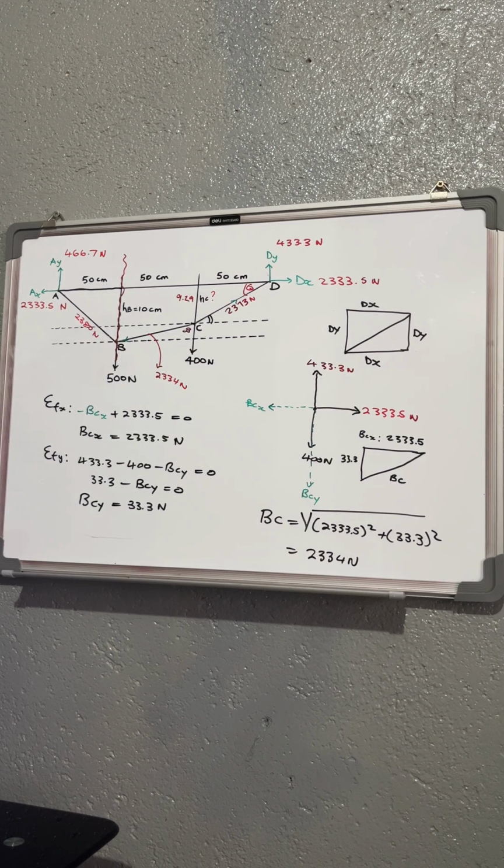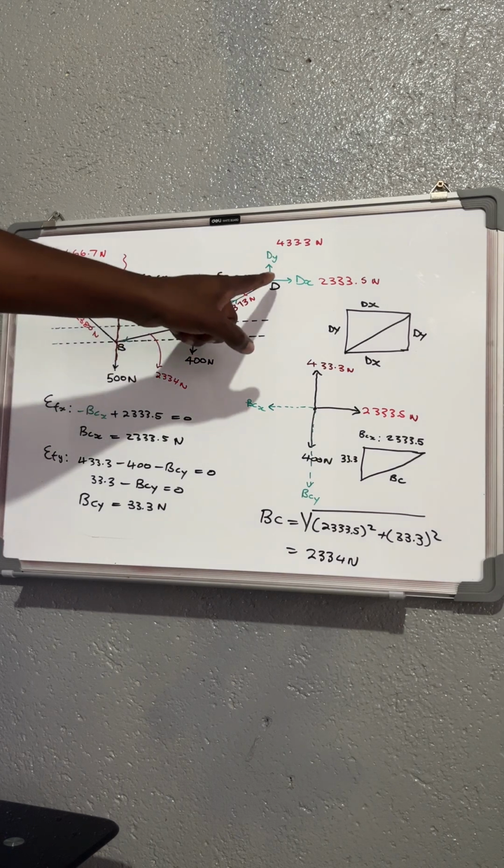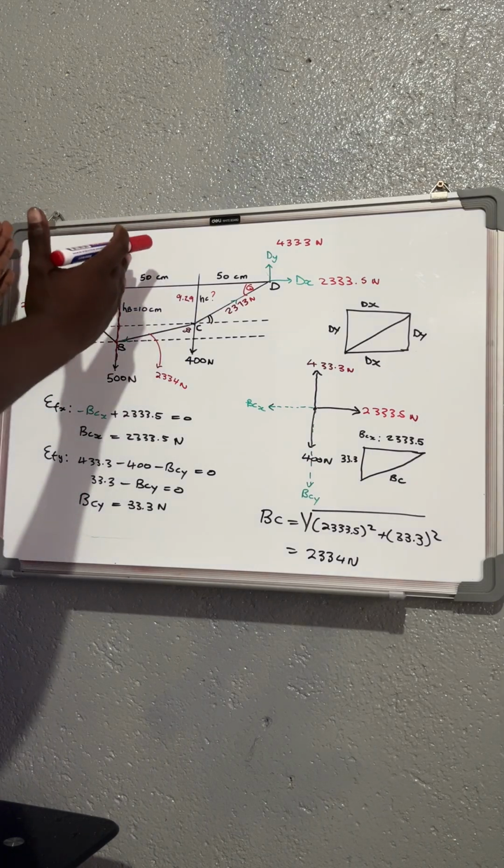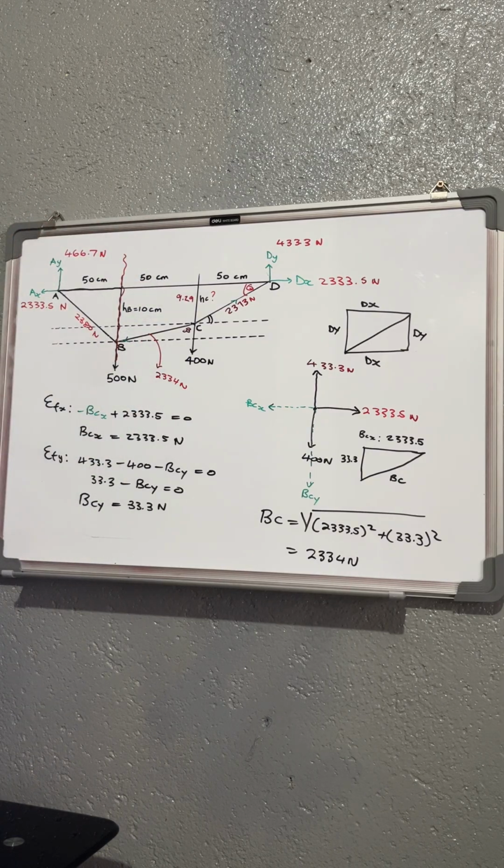So the first step that you have to do, you write your dy and your ay at the end of this problem in the form of this. Then you find them. After finding them, you look for a triangle that has the most information so that you can be able to find your ax.